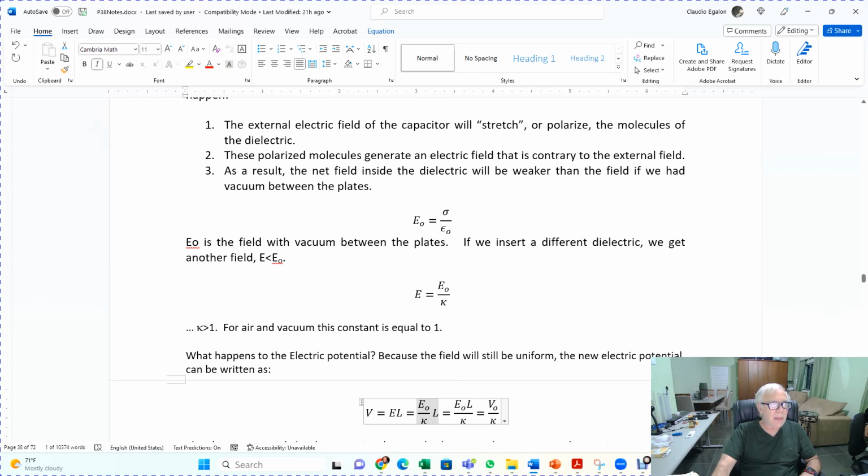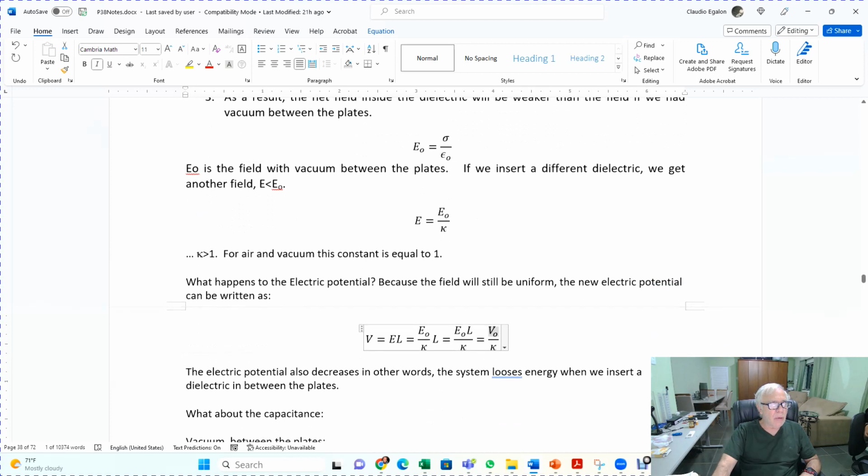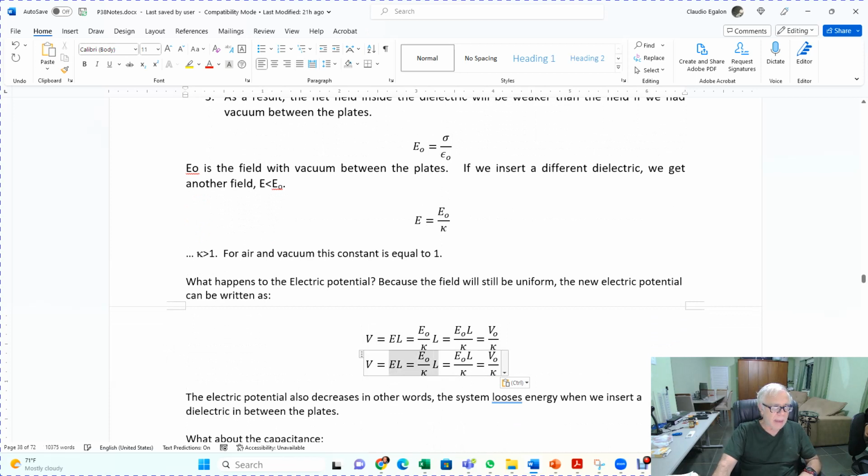And by the way, E naught times L is the electric potential between those two plates whenever you have only air or vacuum. So you can see that the new electric potential with the dielectric material also decreases by a factor of kappa. So in other words, the system loses energy when we insert a dielectric in between the plates.